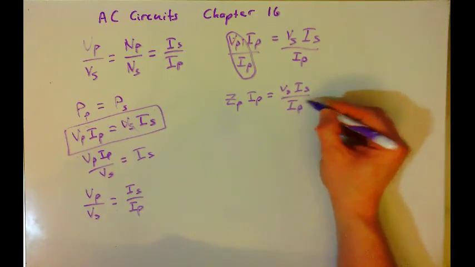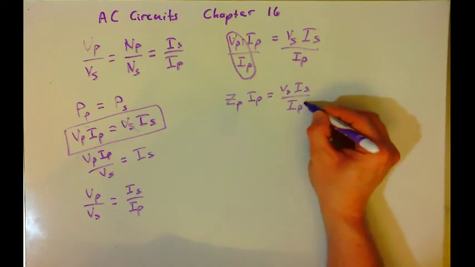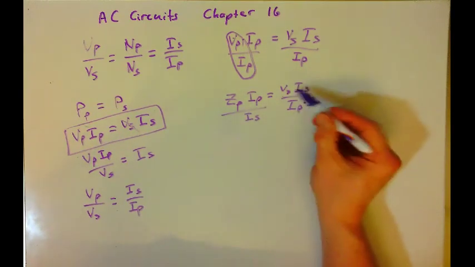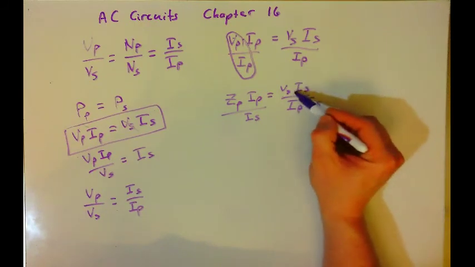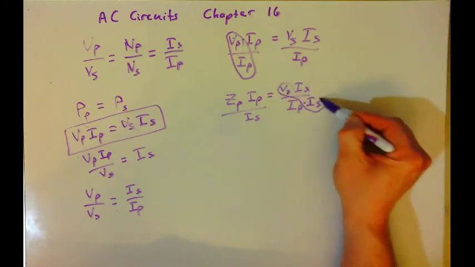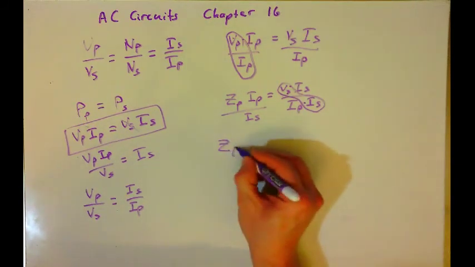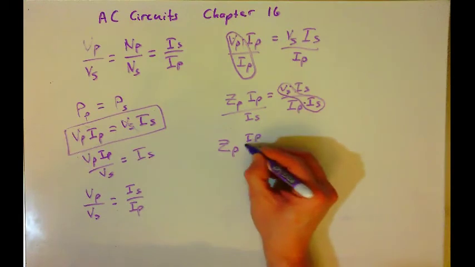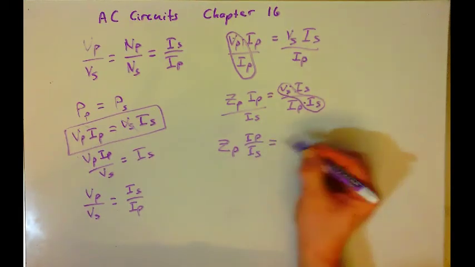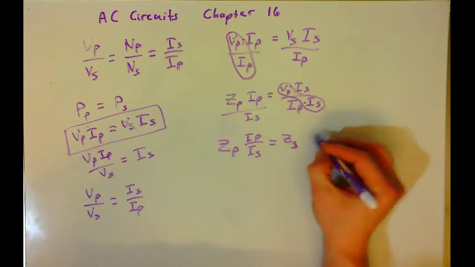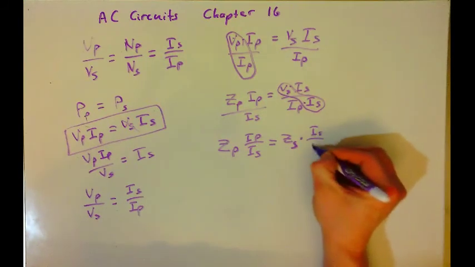Then I want to divide both sides of the equation by Is. And again, I don't want to cancel the Is's. Instead, I want to say that Vs over Is is the secondary's impedance. So we get primary impedance times Ip over Is is equal to the secondary impedance times Is over Ip.